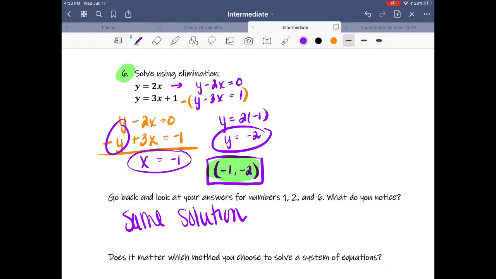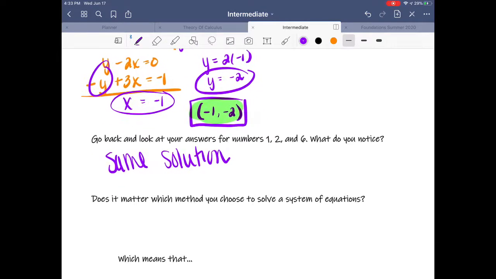We solved the same system 3 different ways and got the same answer. If you think about it logically, well, if it's the same exact system, then it's not going to change the answer depending on the method you choose, which means that it does not matter which method you choose.